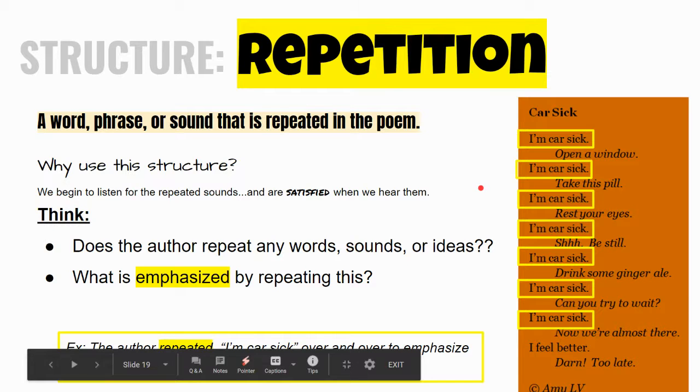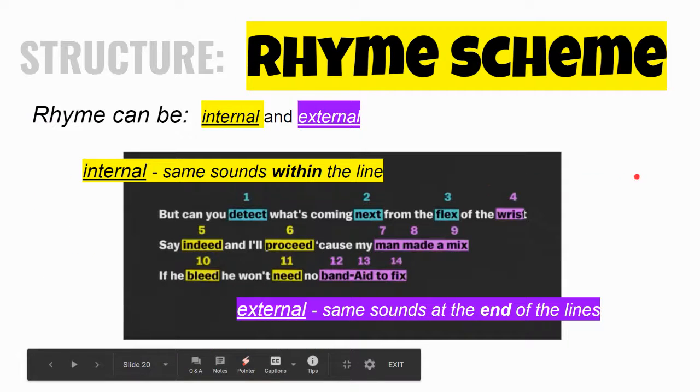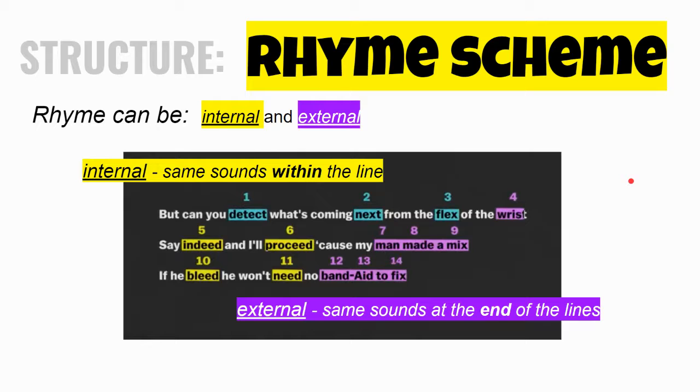Okay, and this is probably my favorite. As you'll see, I've got some rap videos in the rest of the slideshow, but a lot of times we use rhyme internally. That means it's in the line. And then we also have external rhyme, where it's at the end of the line.